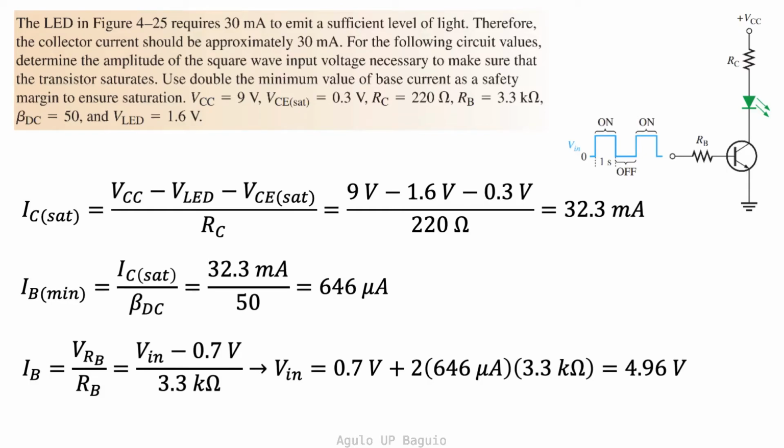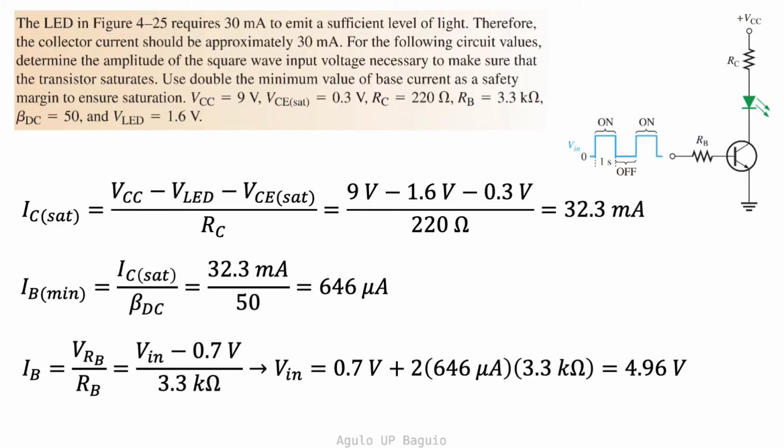Thus, the voltage at the collector terminal of the BJT is equal to VCC minus VLED minus VCE sat, which is 9 volts minus 1.6 volts minus 0.3 volts. If we divide that by 220 ohms, which is the collector resistance, we have a saturation current of 32.3 milliamperes.